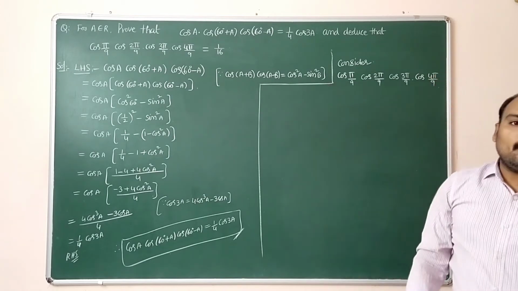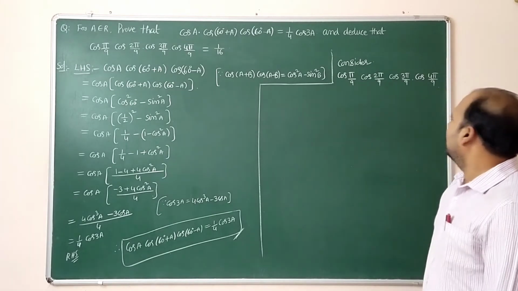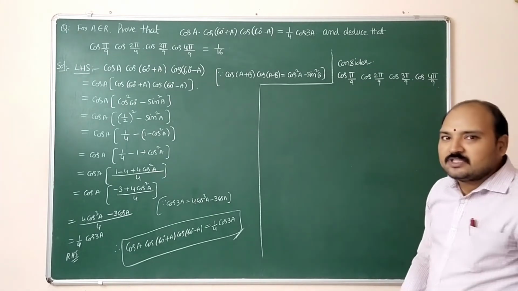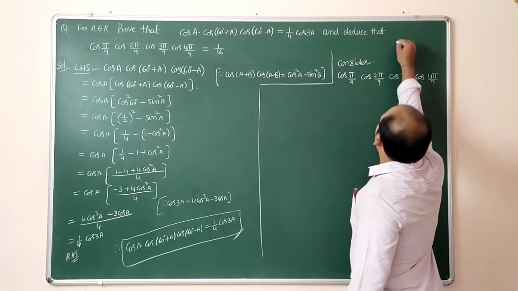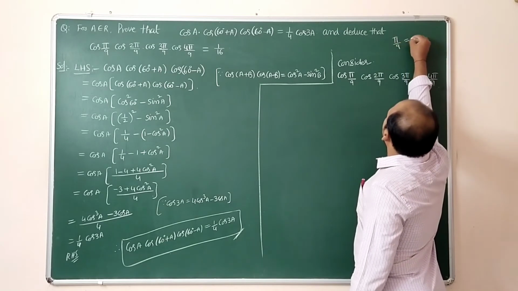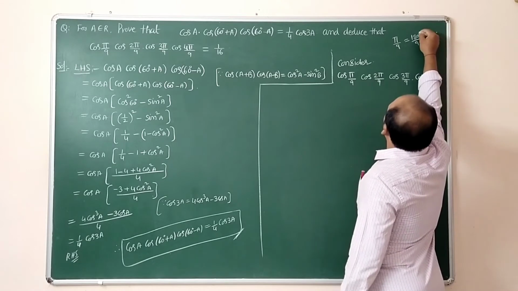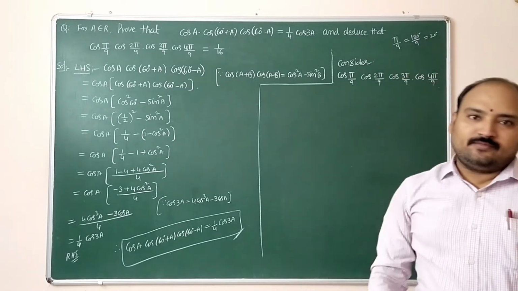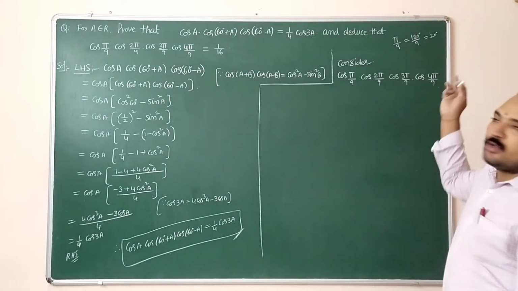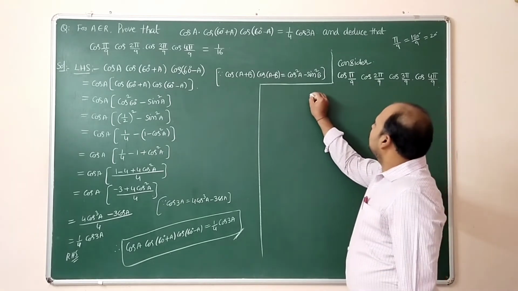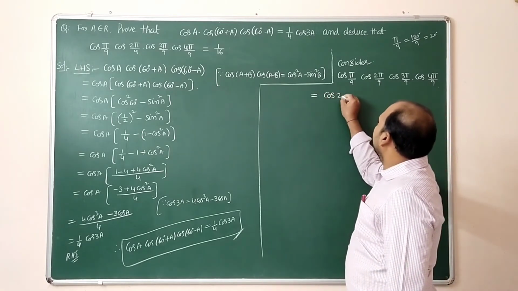That result we have to prove as 1 by 16. So what is pi by 9? Pi by 9 means what? 20 degrees. Pi means 180 by 9, which is equal to 20 degrees only. So indirectly wherever pi by 9 is there, you have to write 20 degrees. So it will become cos 20.